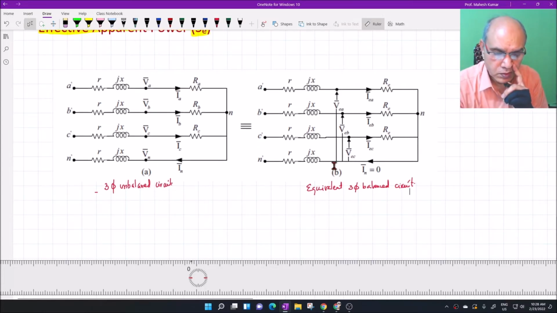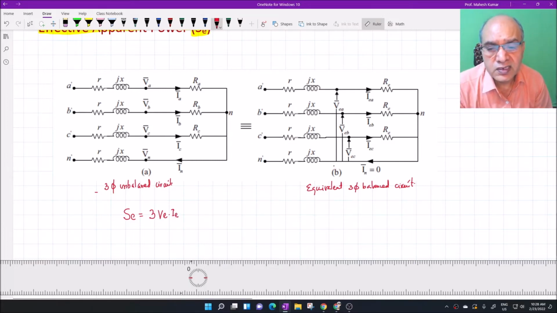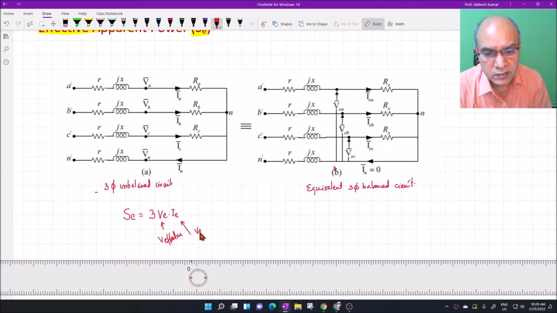Now we will find out the effective apparent power SE as the product of 3 into V effective into I effective, or V equivalent, I equivalent. This is the RMS value of V effective, and this is the RMS value of current effective, I effective.